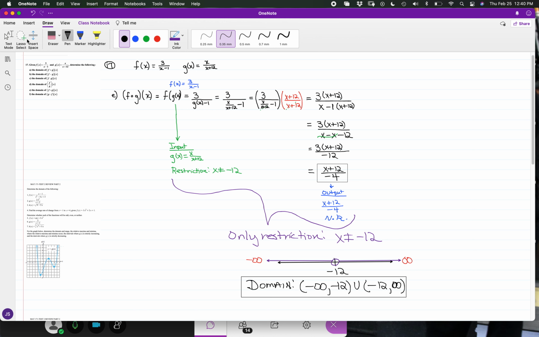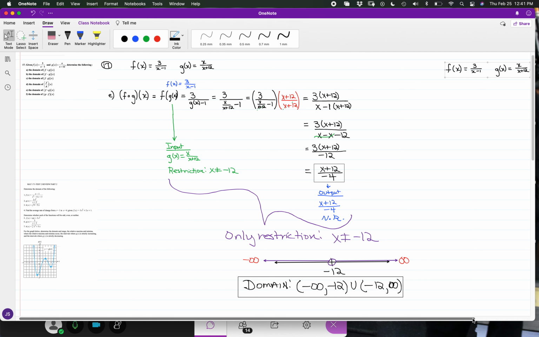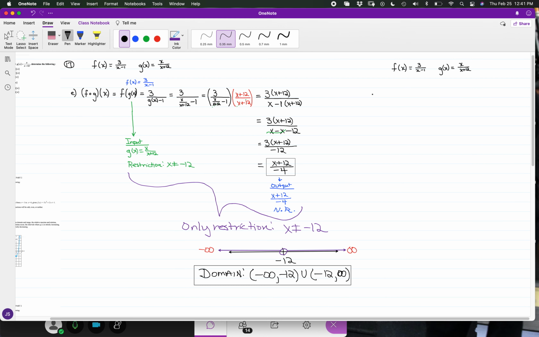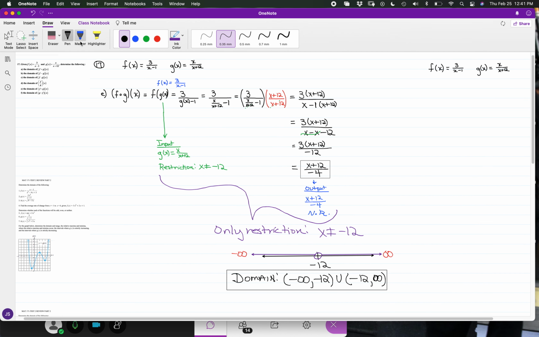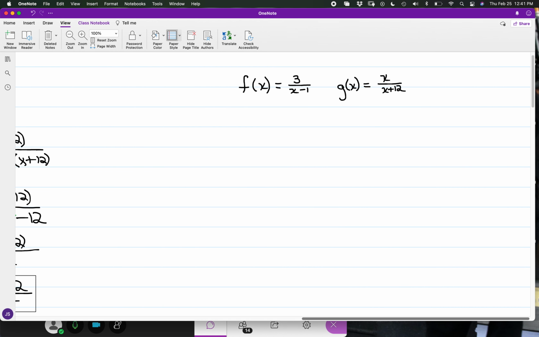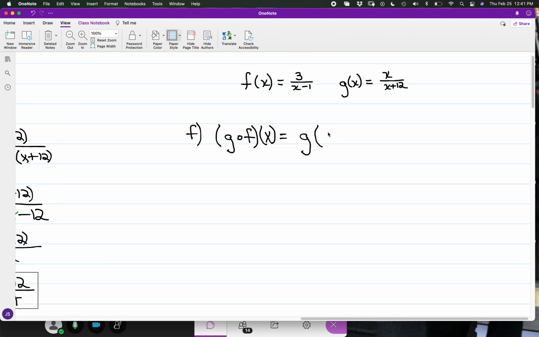In compact functional notation, that is g of f of x.